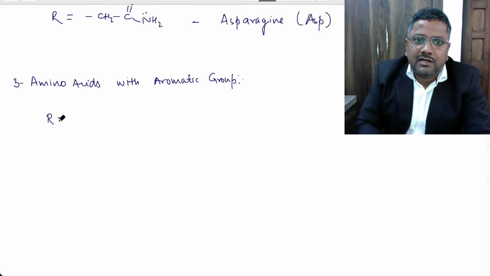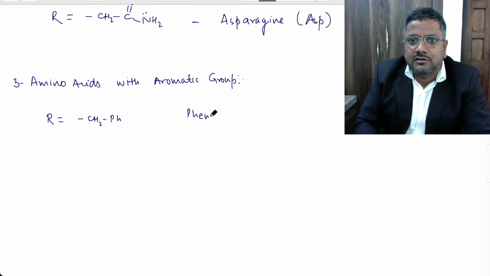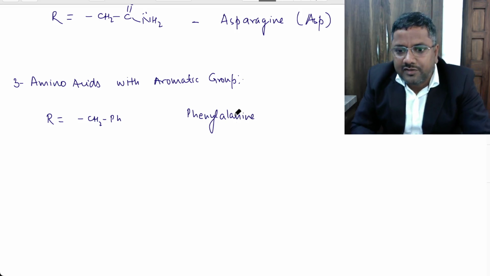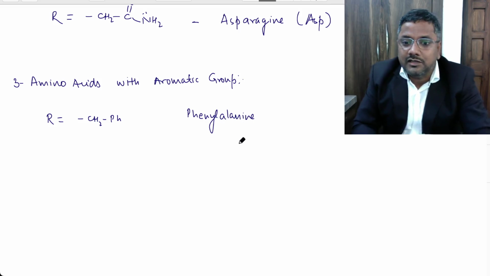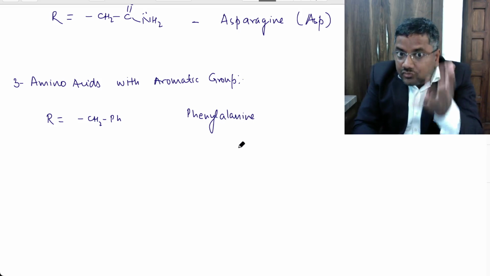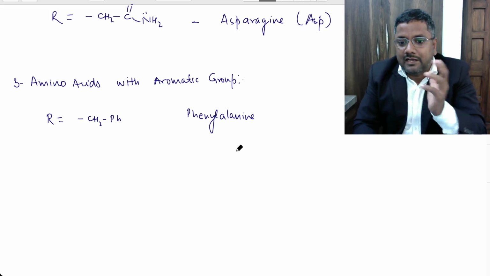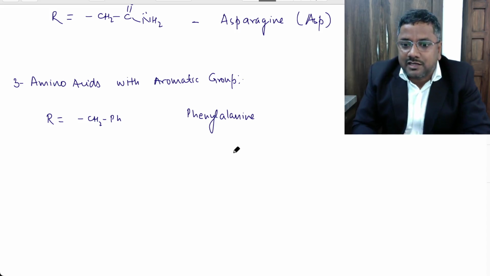If R is equal to CH2Ph, this is phenylalanine. Remember phenylalanine. In exam, due to pressure, all of you read this as aniline, right? Phenylalanine, alanine and aniline. In examination pressure, this will look like that, and many students make mistakes here.